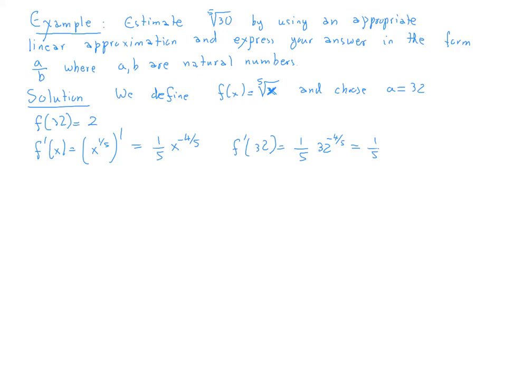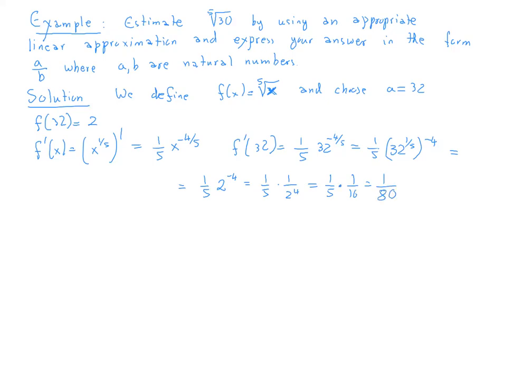What do we do here? We can take 32 and raise it first to the 1/5 and then to the -4. 32 to the 1/5 is 2, because it's the fifth root of 32. And then 2 to the -4 is 1/2 to the 4th, which is 1/16. And this gives you 1/80.